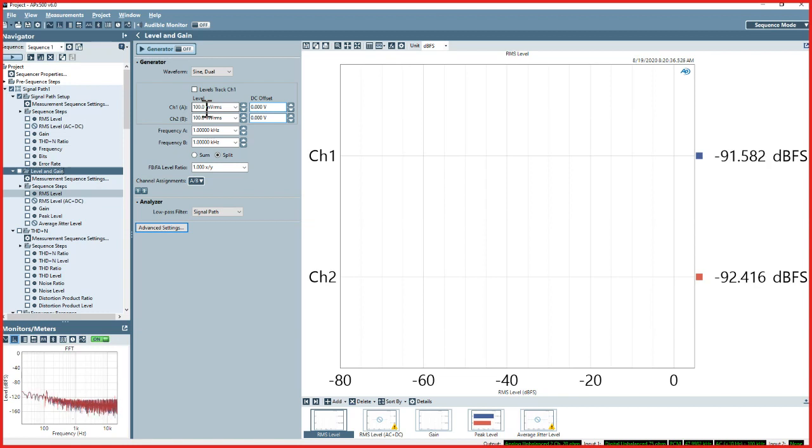So in this case, I wanted to sweep the device into its stop band, and critically, I wanted to measure THD plus noise, not just THD. Thanks.